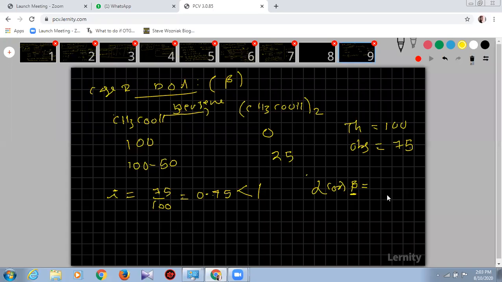We have taken 100. Out of 100, 50 molecules were associated. That means the degree of association is 0.5. Whether it is alpha or beta, don't get confused.